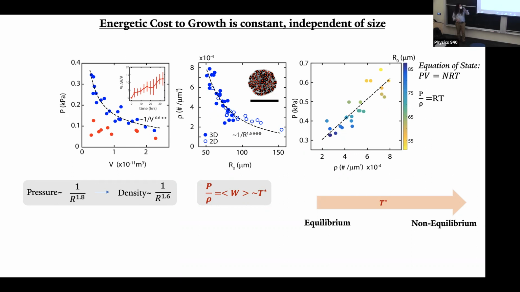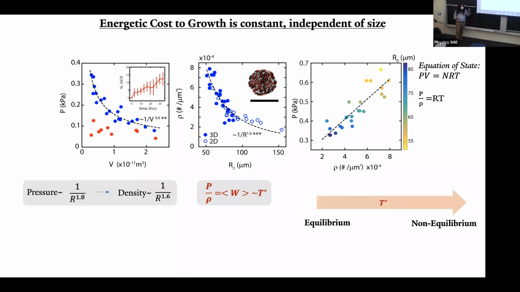It should be noted that, technically, I make aggregates of different sizes. We don't wait for them to grow. We just make ones of different sizes, and so each of these is a completely different aggregate. You have the same work for changing the size of the aggregate. The work is independent of size, but actually the parameters are not.